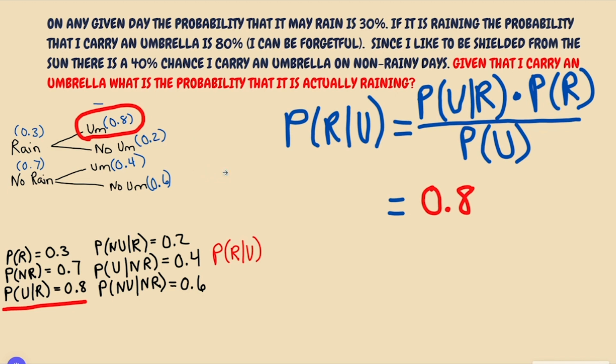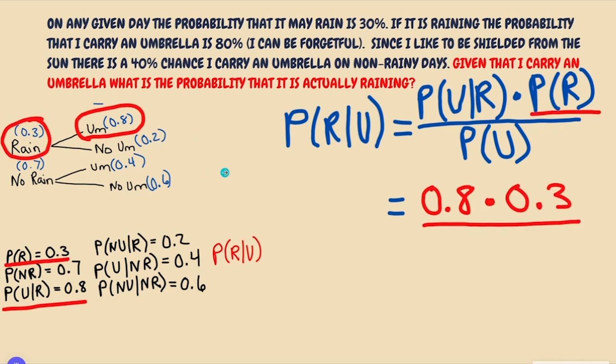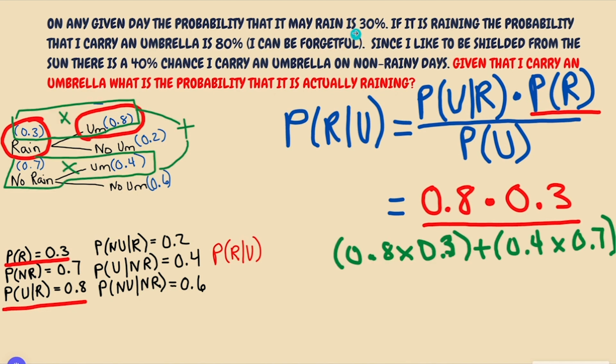Let's figure out what our second term in the numerator is. The second term in the numerator is the probability that it would rain. I said in the first sentence that the probability that it will rain is 30% of the time. Now, let's move to the denominator. Here we see that I can bring the umbrella based off of two different scenarios. I can either carry an umbrella if it's raining, denoted by this first green box, or, with my plus sign, I can carry an umbrella when it's not raining.